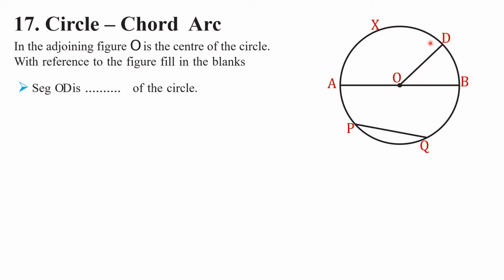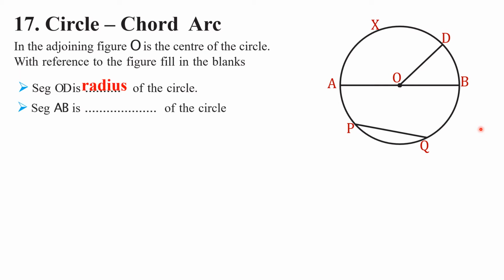When we join any point on the circle and the center, that segment is called a radius. Therefore, here segment OD is a radius, segment OB is also a radius, segment OA is also a radius. So, write down the answer, that is a radius.